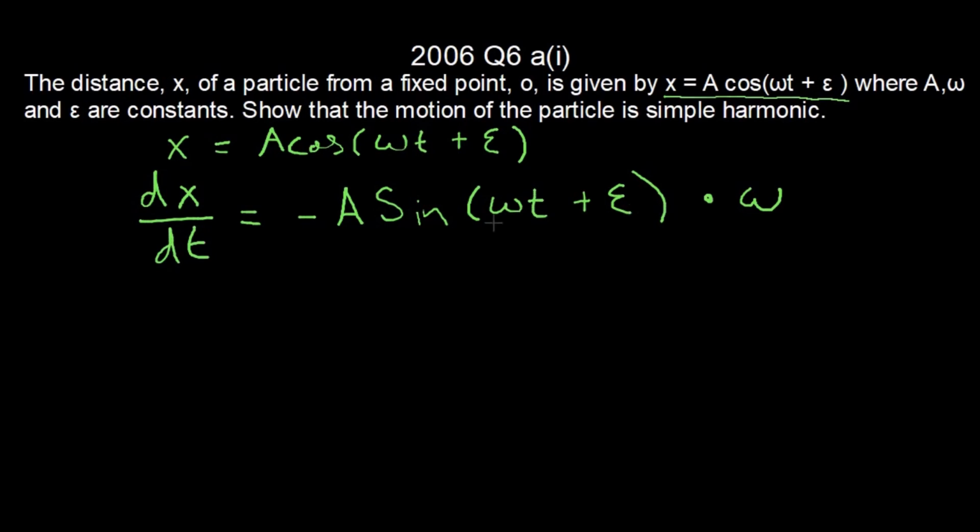So what we did there is we differentiated the trig function cos. So when you differentiate cos, it becomes minus sine. A is a constant, so it stays the same. So cos became minus sine, so stuck a minus out at the front. So I got minus a sine omega t plus epsilon.